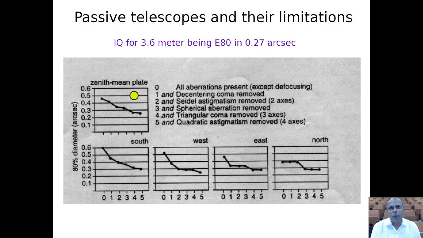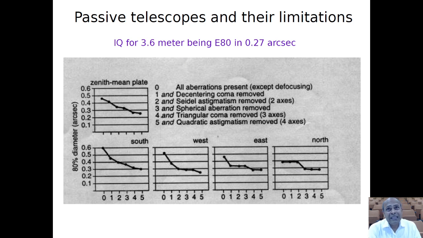But when you optimize this telescope in different directions, for example the zenith direction, we optimize various aberrations, 0, 1, 2, 3, 4, 5, and we achieve 0.27 arc-second in this passive telescope. When you optimize in the south direction, you again achieve it, in the west direction again, and in the east direction again.